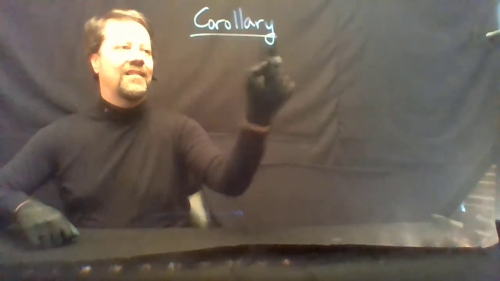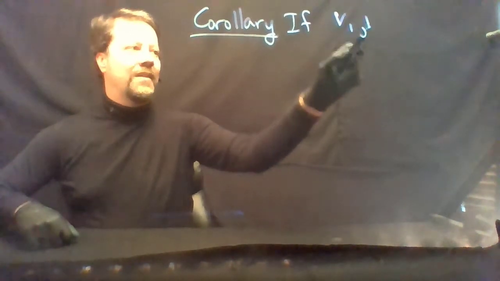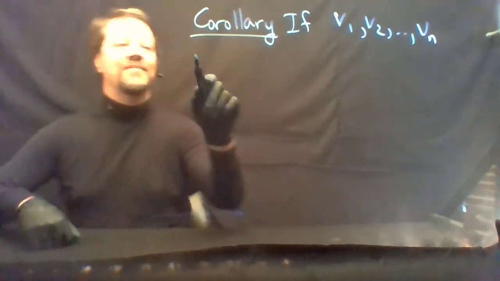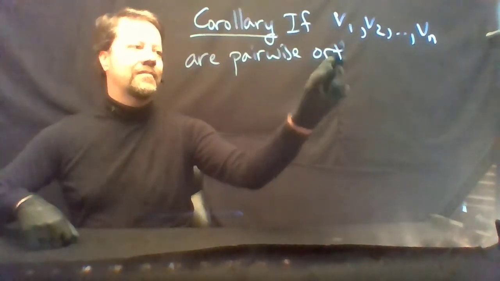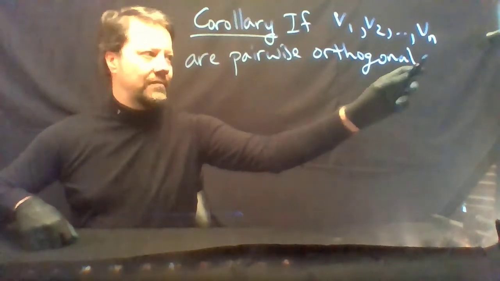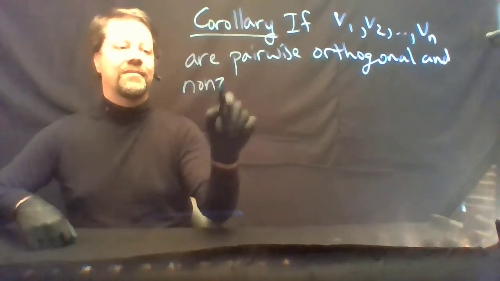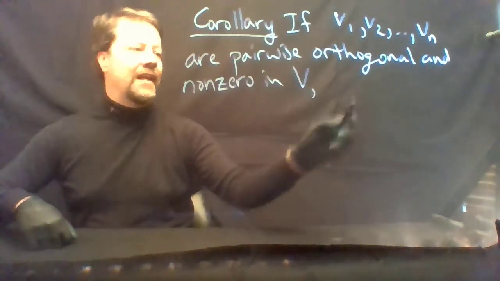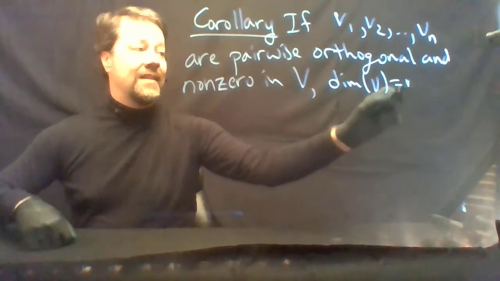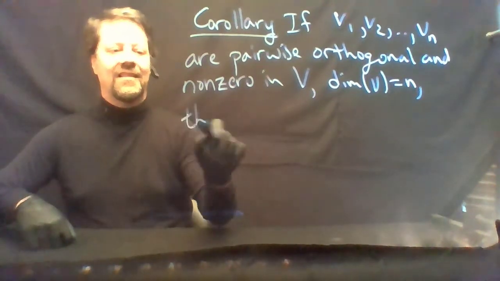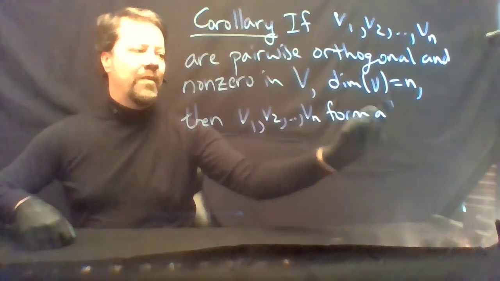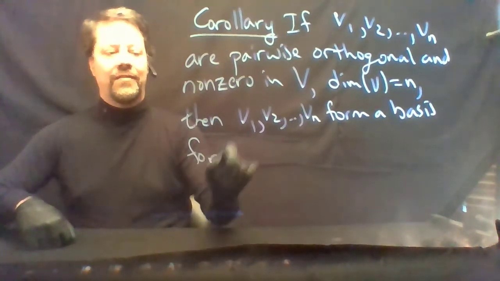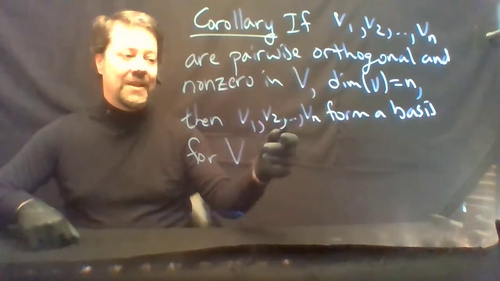We have as an immediate corollary: v1, v2 through vn, if these are pairwise orthogonal and non-zero in a vector space V, where the dimension of V is equal to the number of vectors in the list, then v1, v2 through vn form a basis for the vector space V. You know this because of the last theorem.